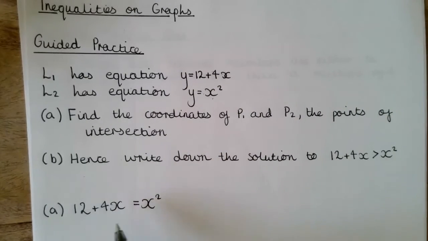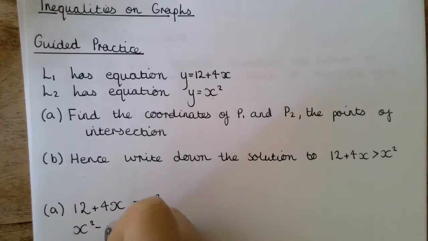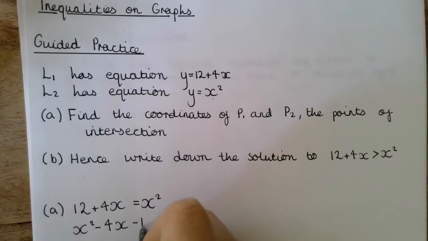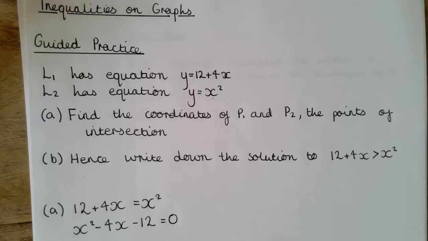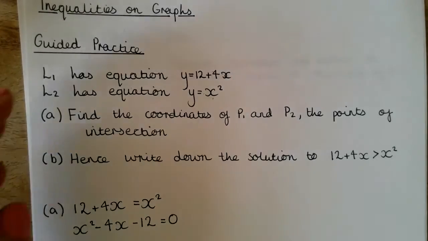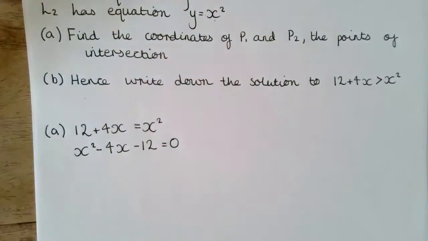I'm going to rearrange this and solve it. So I need to rearrange it so that I've got a quadratic that equals 0. So I can rewrite this as x squared subtract 4x subtract 12 equals 0. I'm now going to factorise my quadratic to find my two x values.